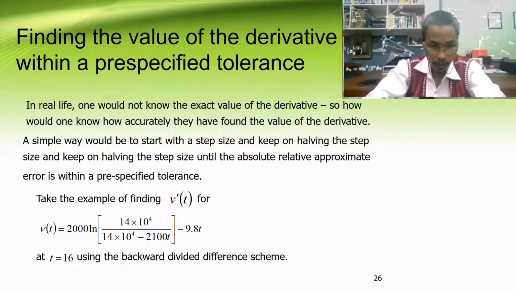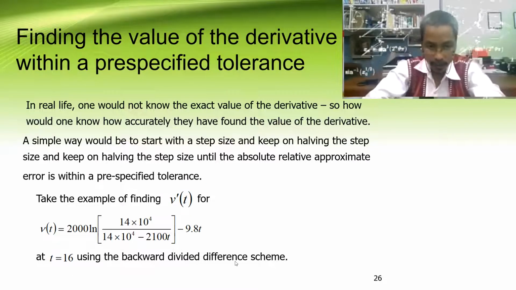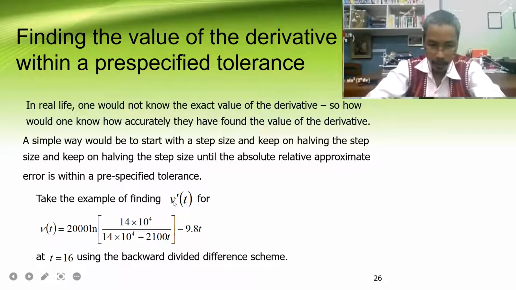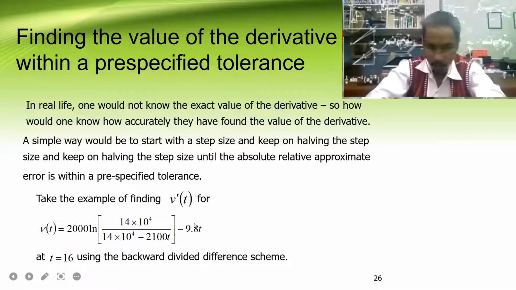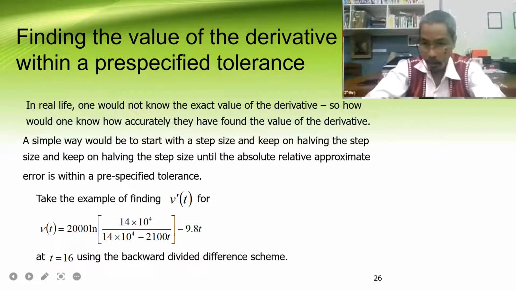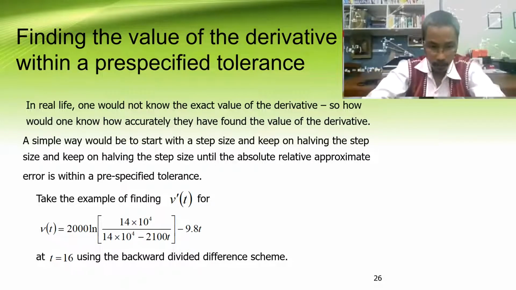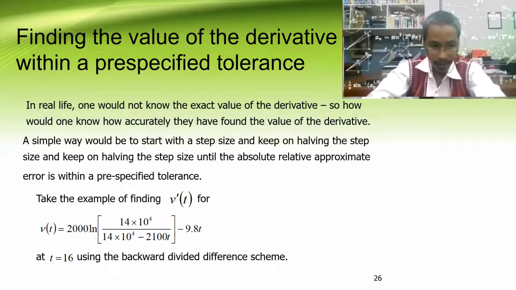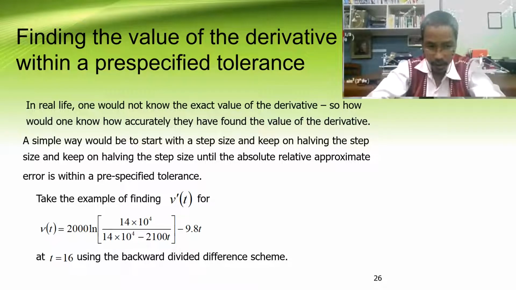Okay, so take the example of finding the first derivative of v for the given equation, using this problem repeatedly at time equal to 16 seconds using the backward divided difference scheme.